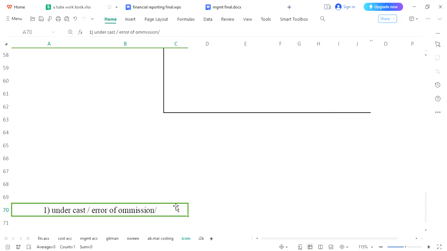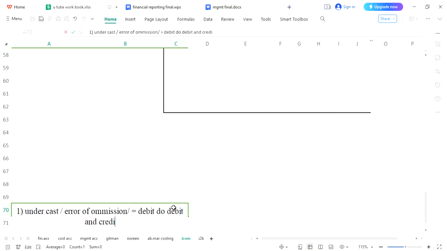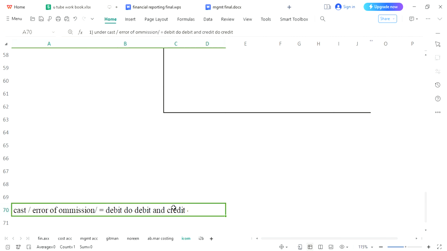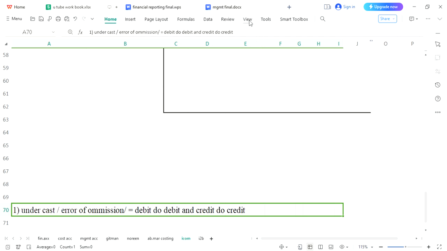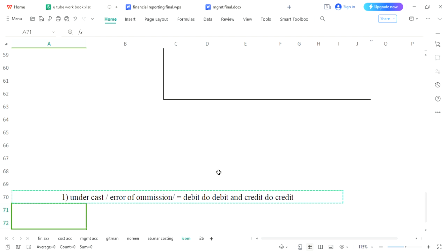In case of undercast, debit do debit and credit do credit. It means you will write on the same side. This was our first error, which we have already discussed in BRS, bank reconciliation statement as well, and several times this error was discussed.